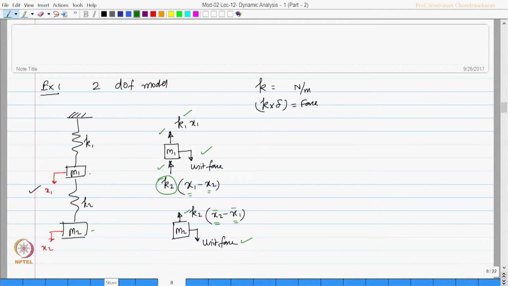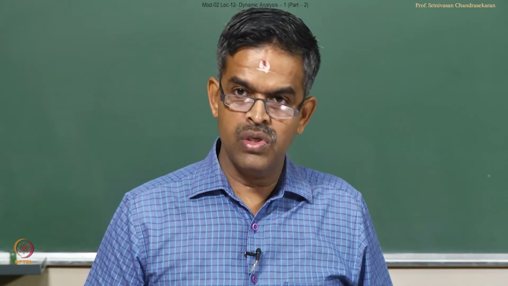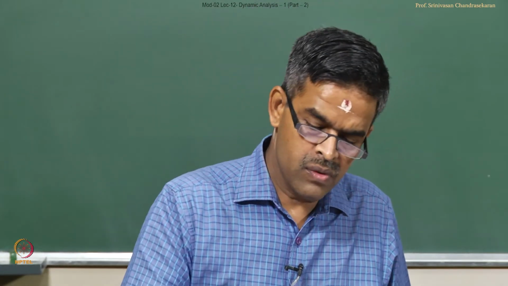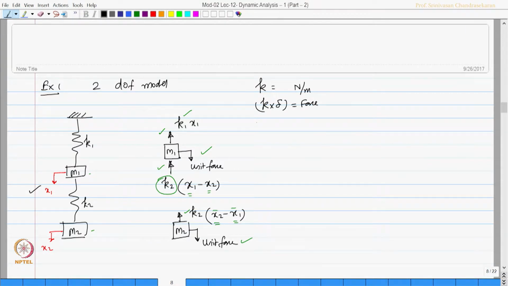Now, we are ready to write the equation of motion using Newton's law. So, let us say first degree. I am writing a force balance equation. We know that force is equal to mass into acceleration.